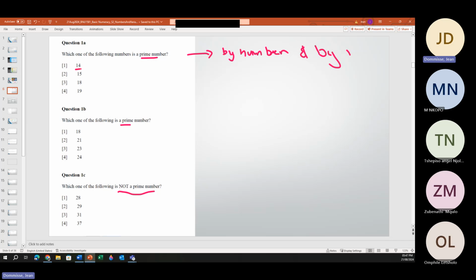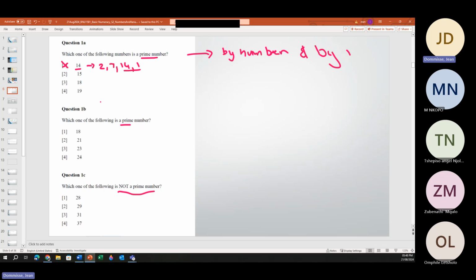If we look at 14, there's a few numbers that can go into 14. 2 can go into 14, 3 can't, 4 not, 5 not, 6 not, 7 can go in there, and then obviously 1. So yes, itself and 1, but 2 and 7 can also go into 14, so it's not a prime number. That is nearly how we will look at it.